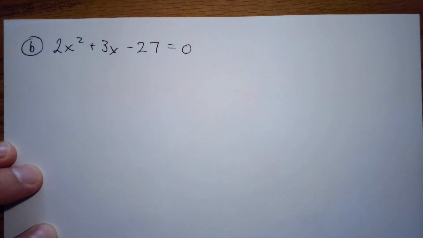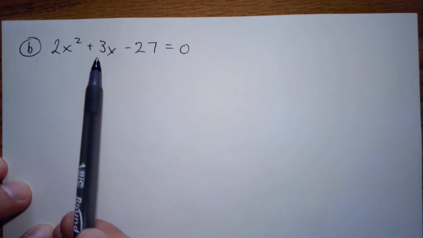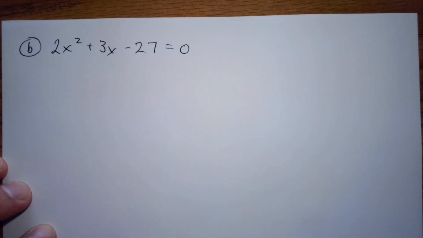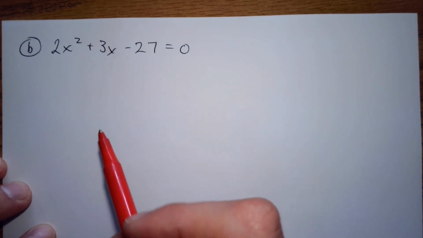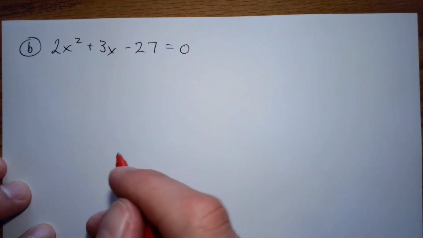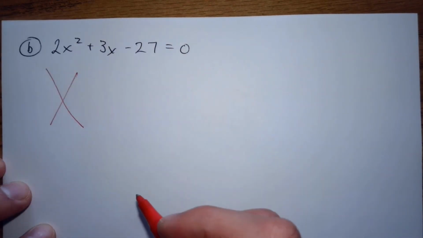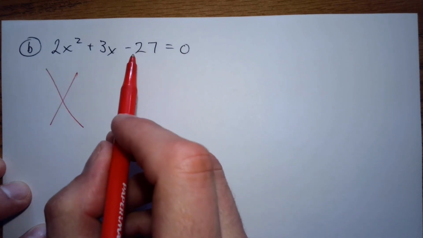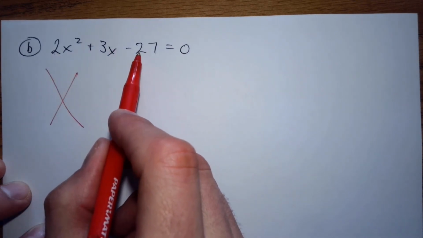So we have same instructions. Solve the equation by factoring. 2x squared plus 3x minus 27. First step is to divide by GCF if we can. And I can't divide either of these by 2, and that's the smallest number there. So, can't factor with GCF, but I can do the x factor. So what would that be? 2 times negative 27.